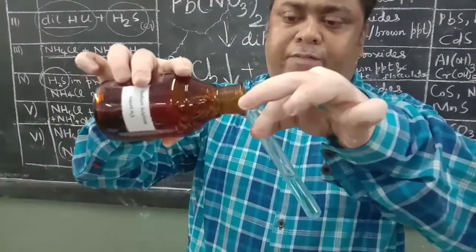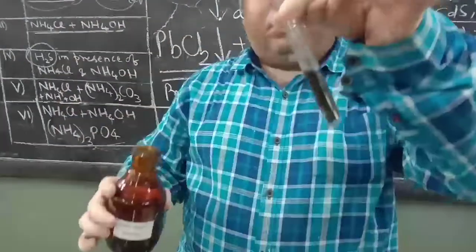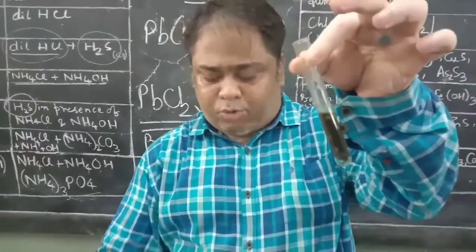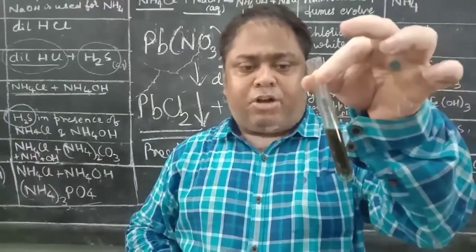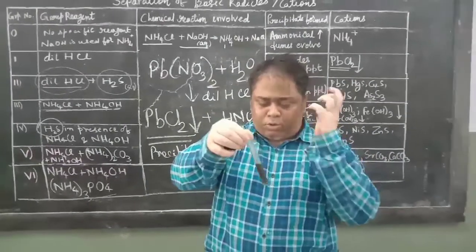Now see what will happen if I put H2S. See, a brown precipitate is formed. This confirms the presence of group 2 salt.